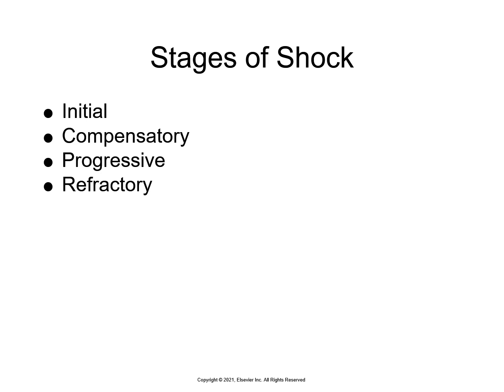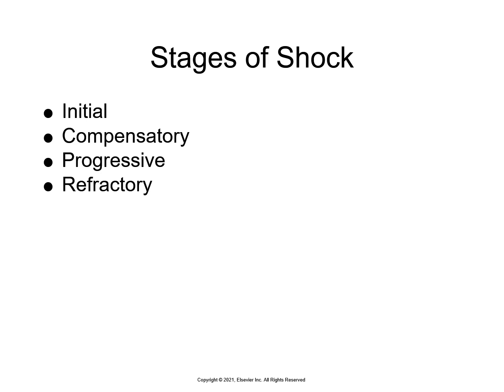So we have stages of shock. Remember, in hypovolemic shock, we have a reduction in intravascular blood volume, which causes circulatory dysfunction and inadequate tissue perfusion. So we're going to talk about the stages of shock.